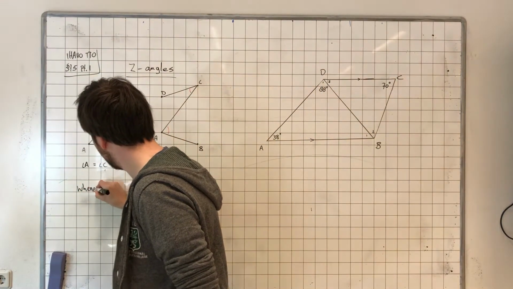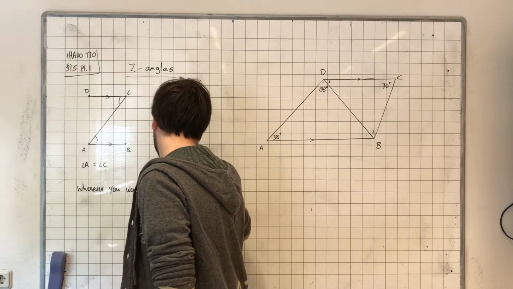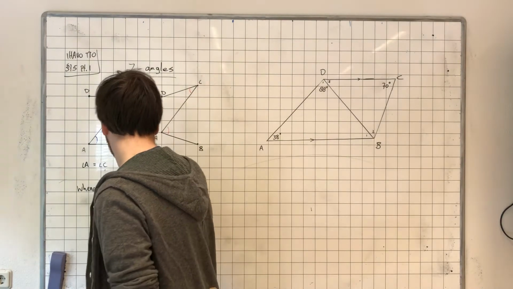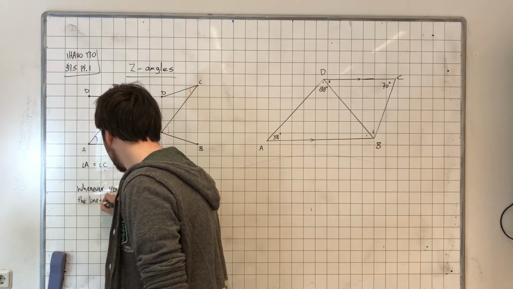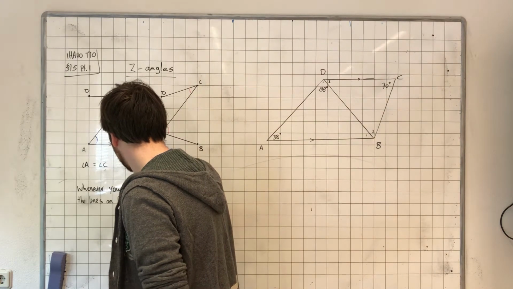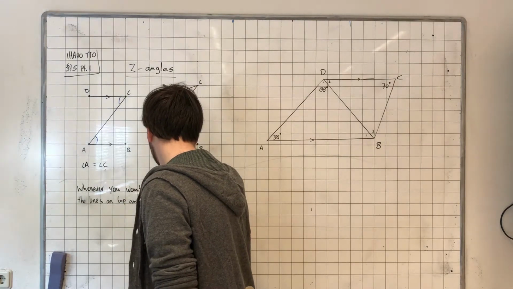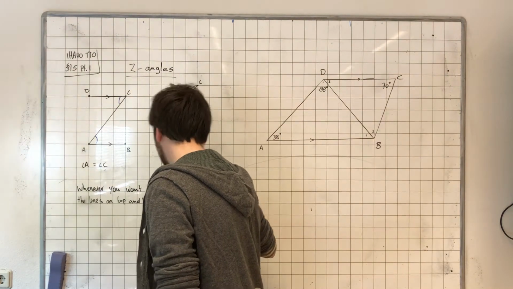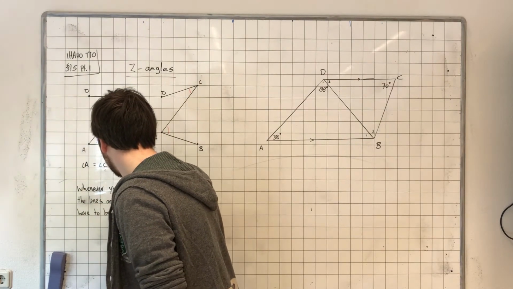Whenever you want to use Z angles, the bottom and the top of the Z have to be parallel.